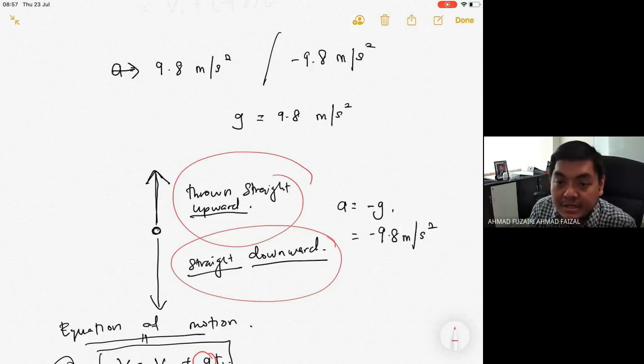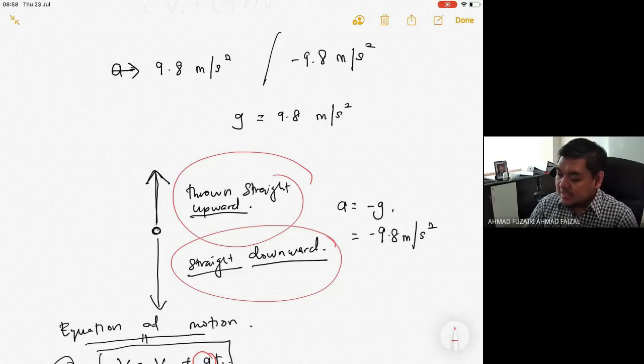Okay, now I have a question from Fik. If thrown upwards, is the G negative or positive? Remember these things: don't bother about the G, because G is always 9.8.